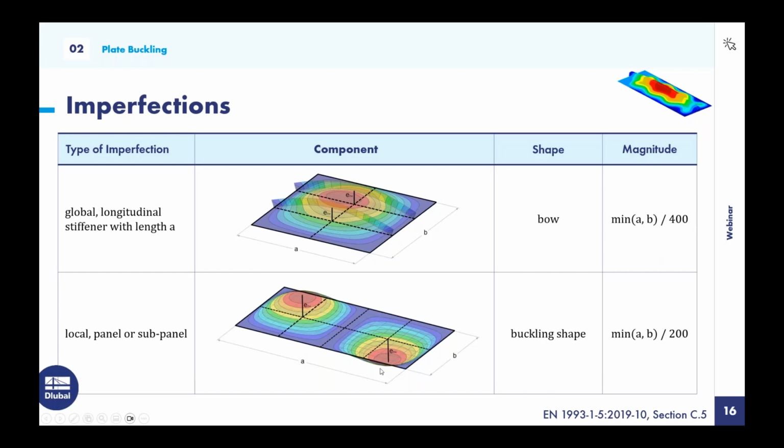Then we also have a local imperfection type for a sub-panel. Here, the shape of the imperfection should be affine to the buckling shape with the magnitude of the minimum of the sub-panel dimensions, A and B, divided by 200.